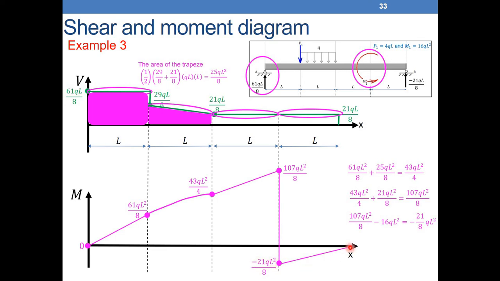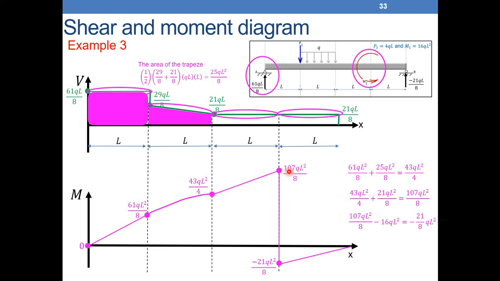Now once I reach 0 here, I know that my diagram is correct. I can verify. Why? Because I should have 0 here, since I don't have any external moment around point B. If I don't have any point moment around B, the bending moment will be 0 at this point.